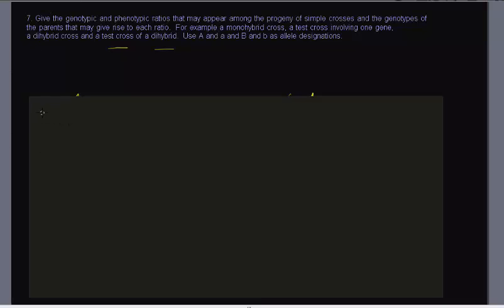So we get a monohybrid cross, get a 1 to 2 to 1 ratio or a 3 to 1 ratio.